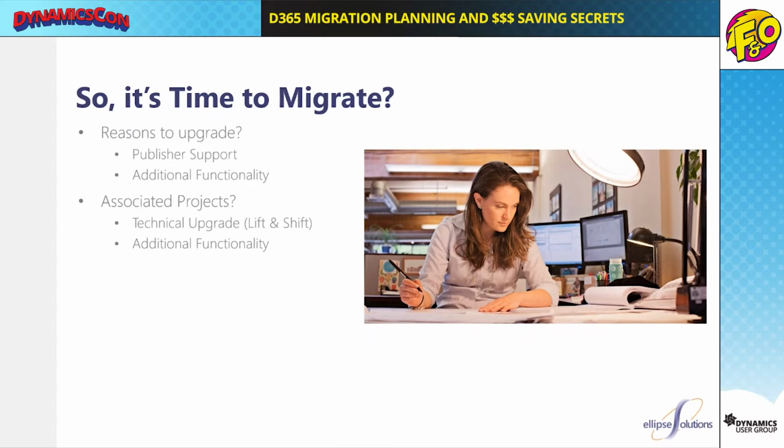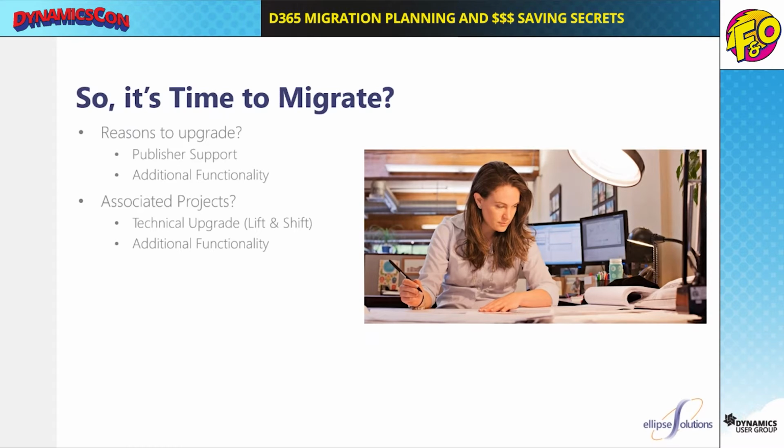The second step, which can actually begin after the code upgrade has completed, is to add that additional functionality you're looking to add. Sometimes it can be small: we want to start using fixed assets, or we want to increase our usage of budget planning.